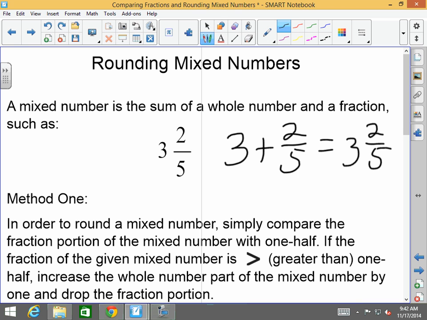Visually speaking, that would be 1 whole plus another whole plus a third whole plus 2 out of 5.